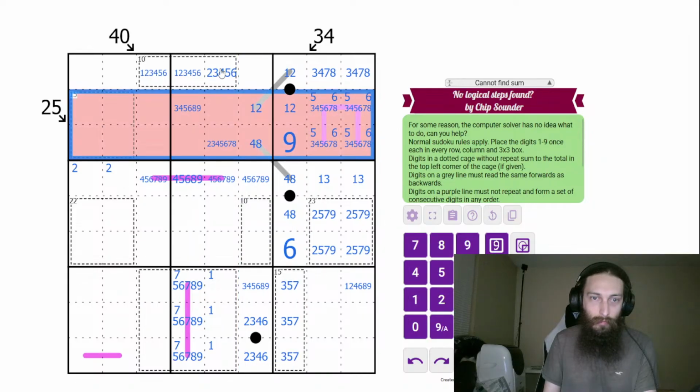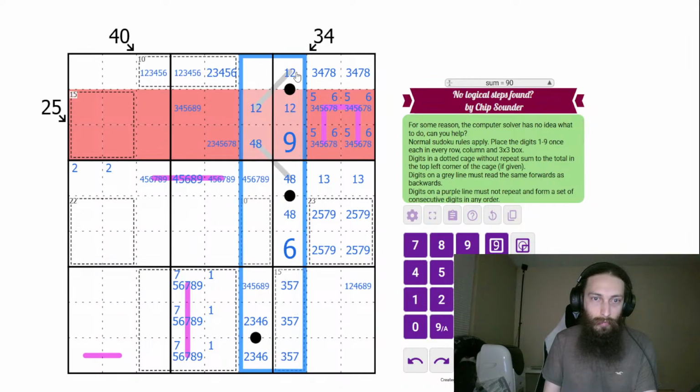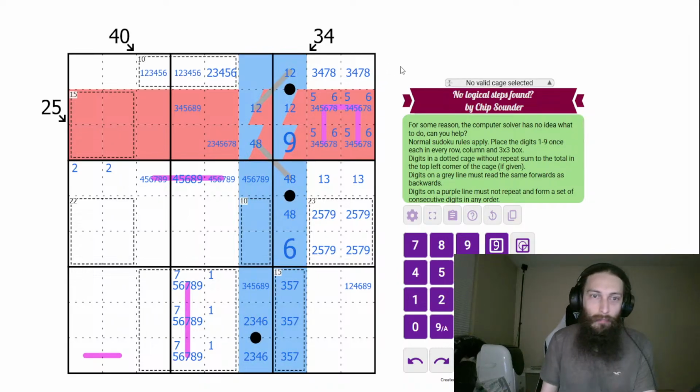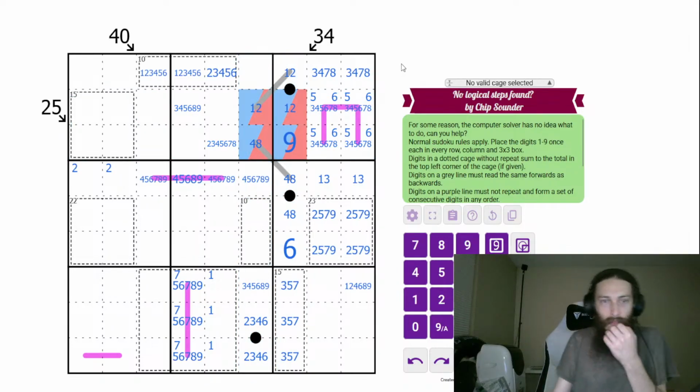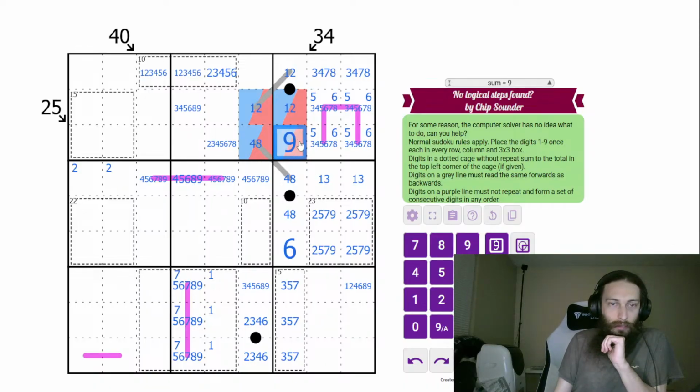If I did red and blue, right? We can do the similar logic and take all of this out. And because we have a 9 here, this is a 1 or a 2, and this is the opposite of 1 or a 2.